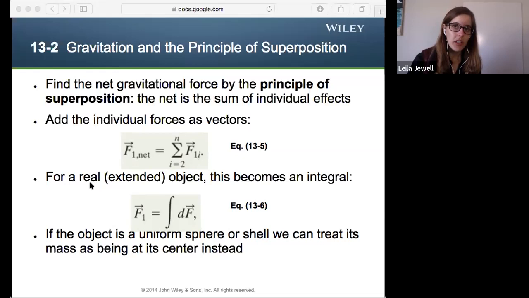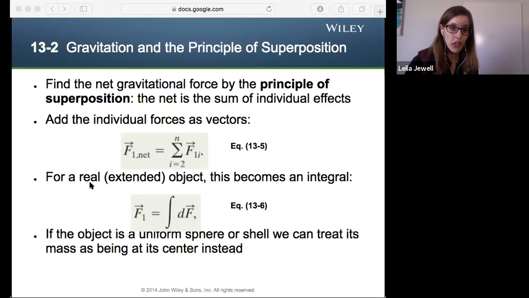If you have a real extended object, you're imagining that the object has all these different little mass elements. How much does my fingernail create a gravitational attractive force? What about my knuckle? Each of those pieces can be summed up to describe the overall force if you're doing an integral, and we won't do that quite as much.